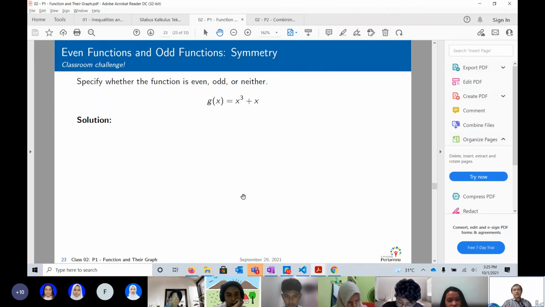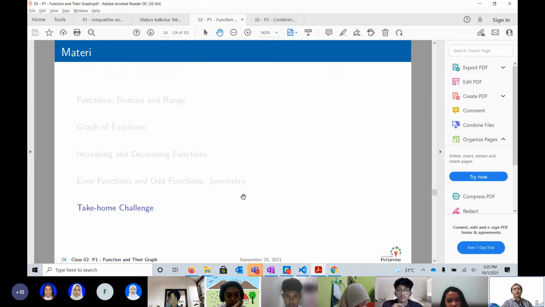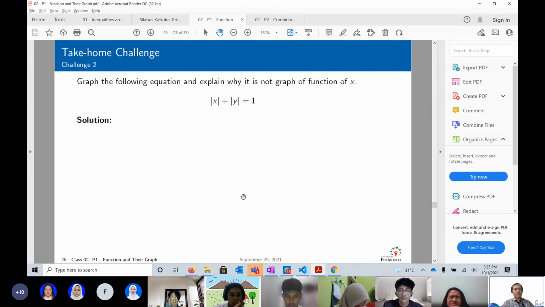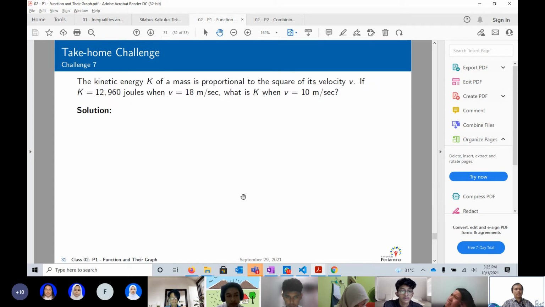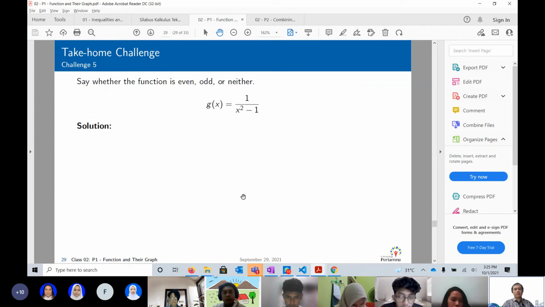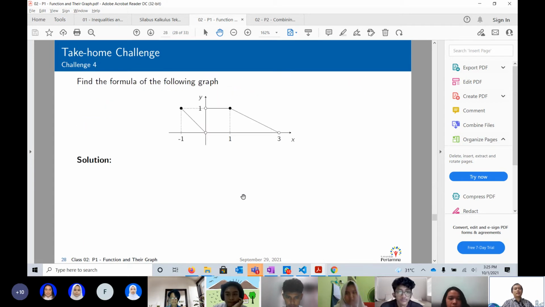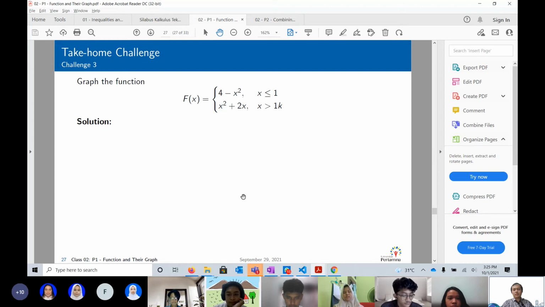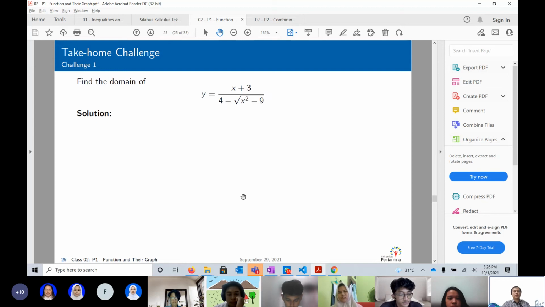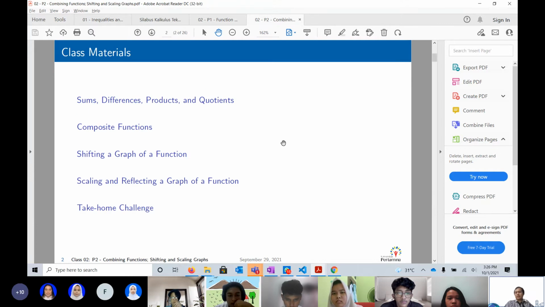That is the end of the first part of this session. There are like 9 challenges here that you can work with. You can try at home. Please make sure to try it at home, and we move to the next part.